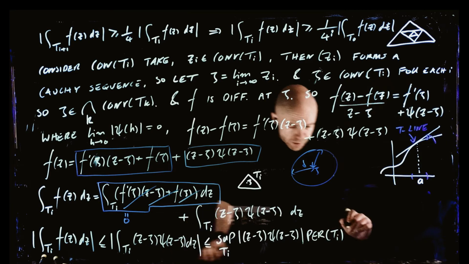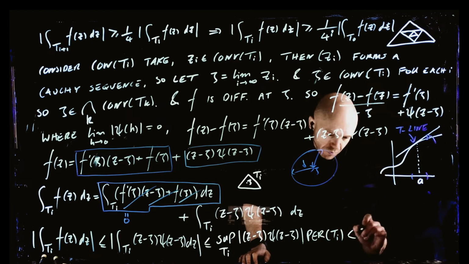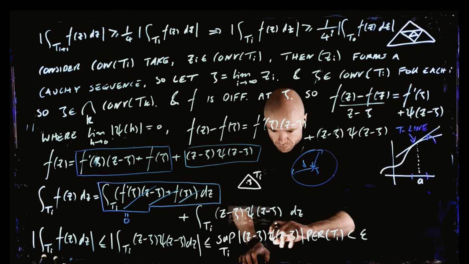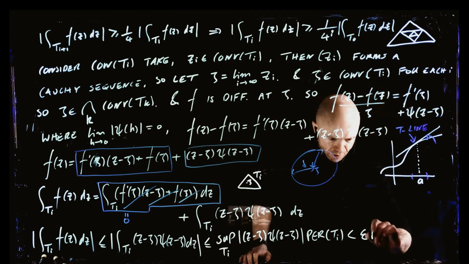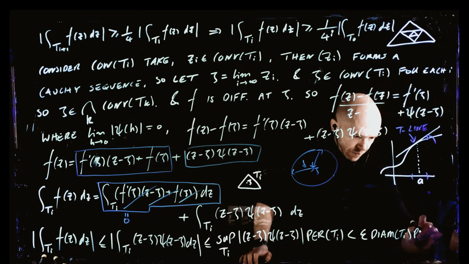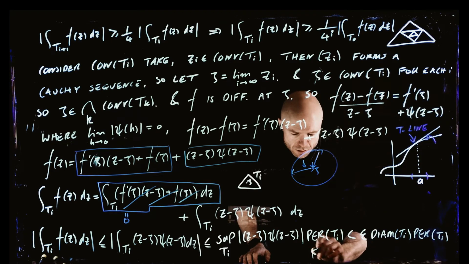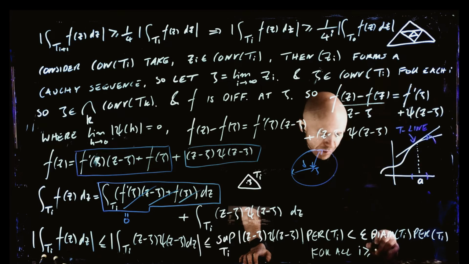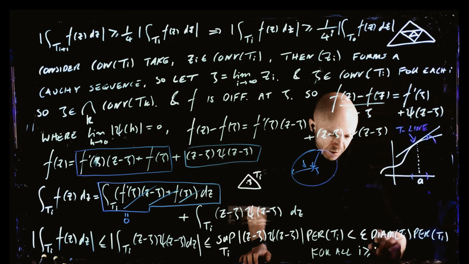So then this stuff is less than epsilon times the perimeter of T_i, so for all i, let's say bigger than some, let's call it m, which is depending on epsilon.